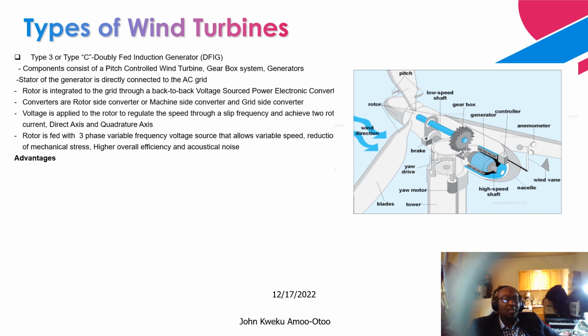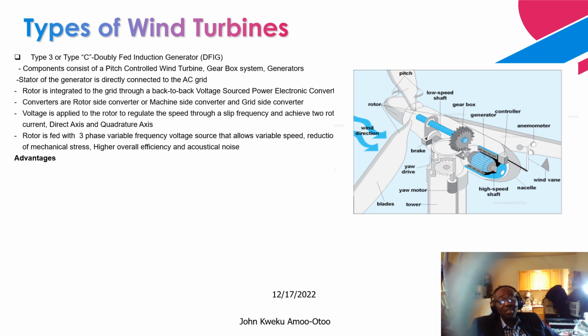It has a control scheme, a gearbox system, and a generator with a stator and a rotor, and the stator is directly connected to the grid. The rotor is also integrated to the grid through a back-to-back voltage source power electronic converter, and this is 30% rated, the reason being that it helps us achieve much cost reduction and also reduces power losses. We have a rotor side converter, or machine side converter, and that controls the speed of the rotor.